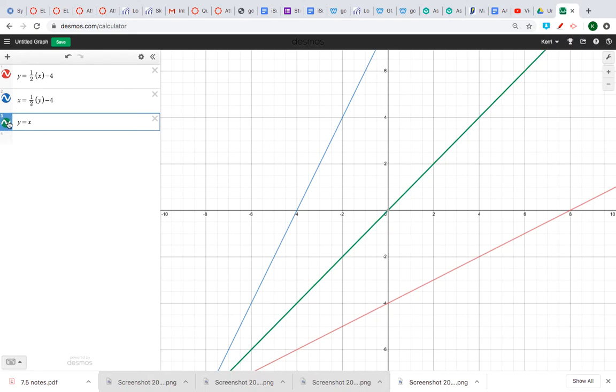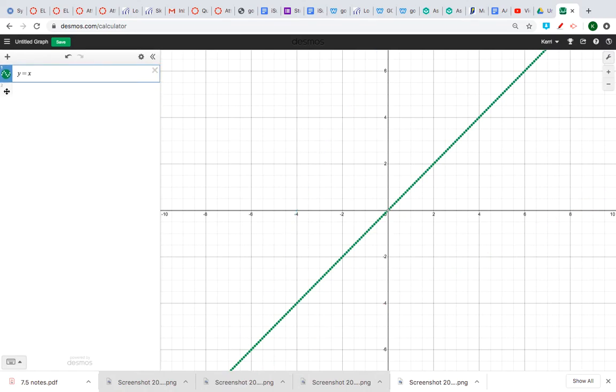I can make this a dotted line by clicking and holding on this, and then I can change that to a dotted line or change the color if I would like. What I'm technically doing is reflecting this line across this line. That's what an inverse function does. So I'm going to keep that line there.